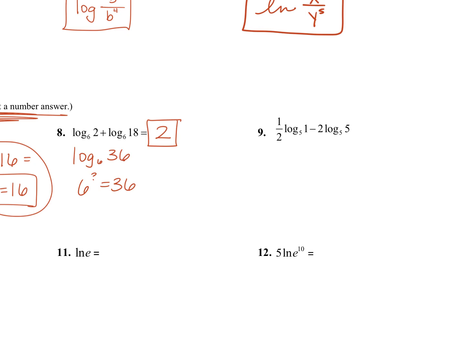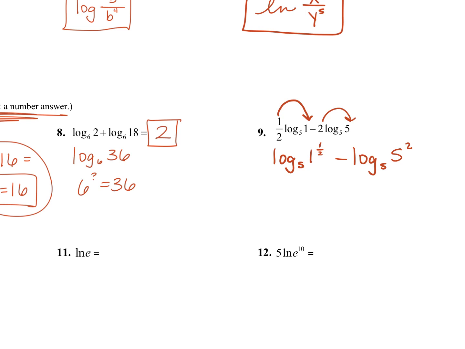Let's see. Okay, so if we take this and make it a power, this is log base 5 of 1 to the 1/2 power. Minus, make this a power, log base 5 of 5 squared. What is 1 to the 1/2 power? What does a 1/2 power do?